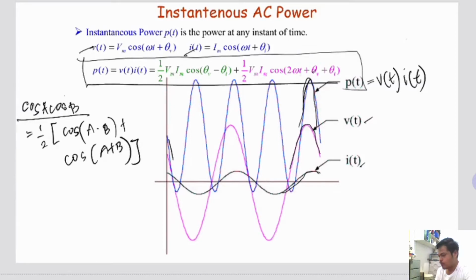That's why we have this equation. The derivation of this product can be seen in the book of study.